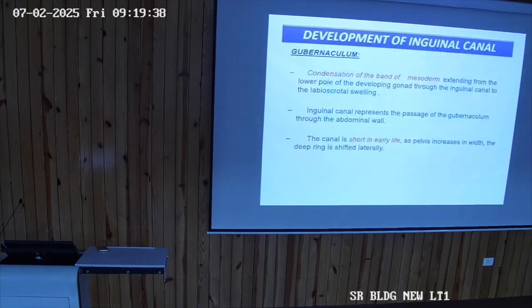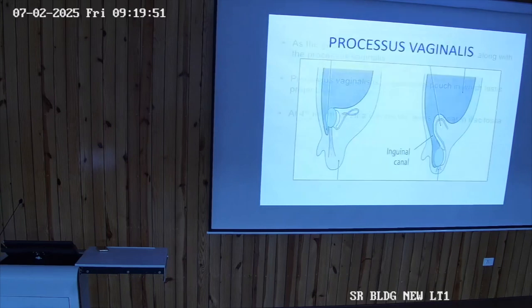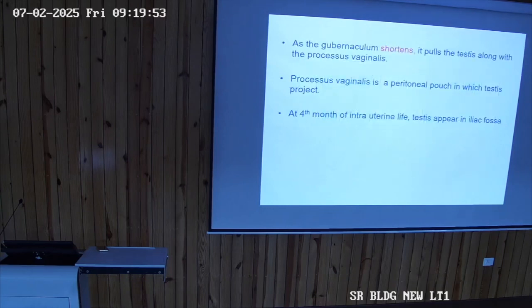So what is a gubernaculum? It is a condensation of a band of mesoderm extending from the lower pole to the developing gonad. And the inguinal canal represents the passage of the gubernaculum through the abdominal wall. As the gubernaculum shortens, the testis will be descending. I'm not going into the detail because you will be reading development afterwards also.